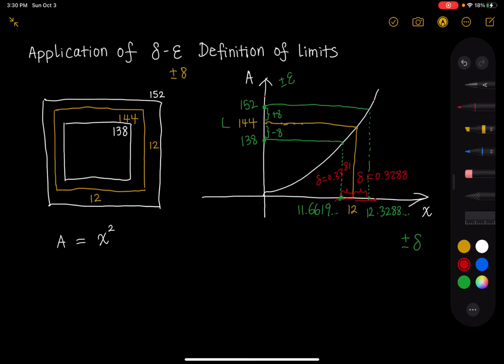So we should choose the minimum of those numbers to be our delta. Minimum of 0.3381 and 0.3288, right? And our delta would just be 0.328.